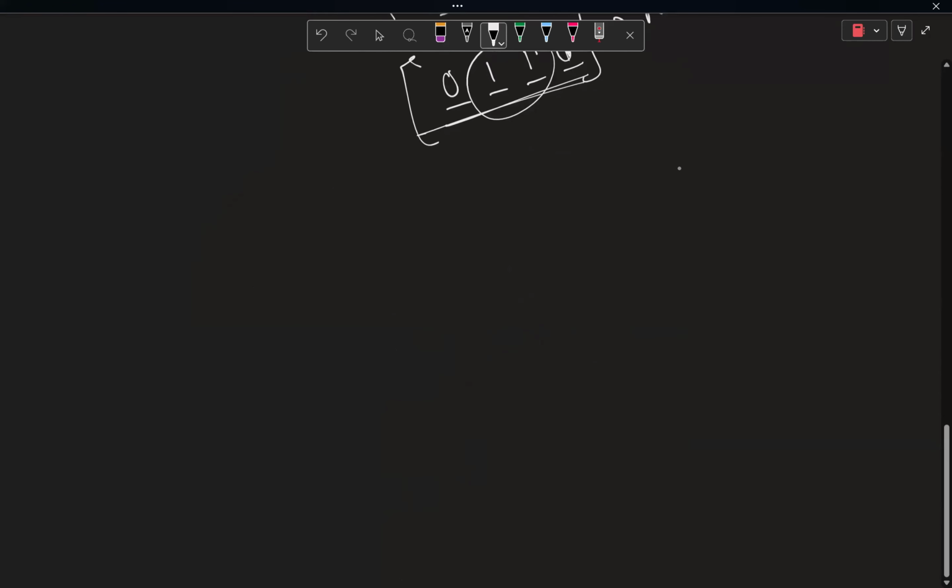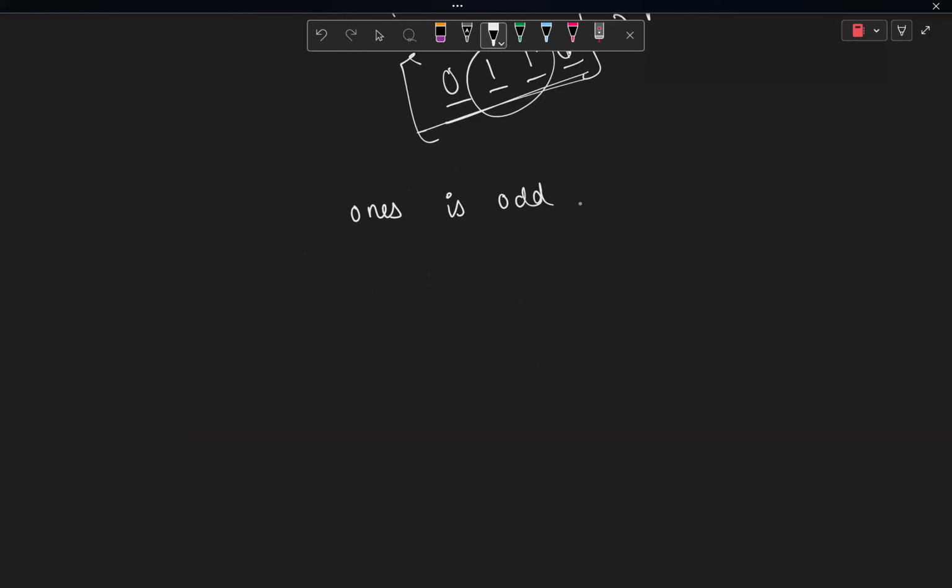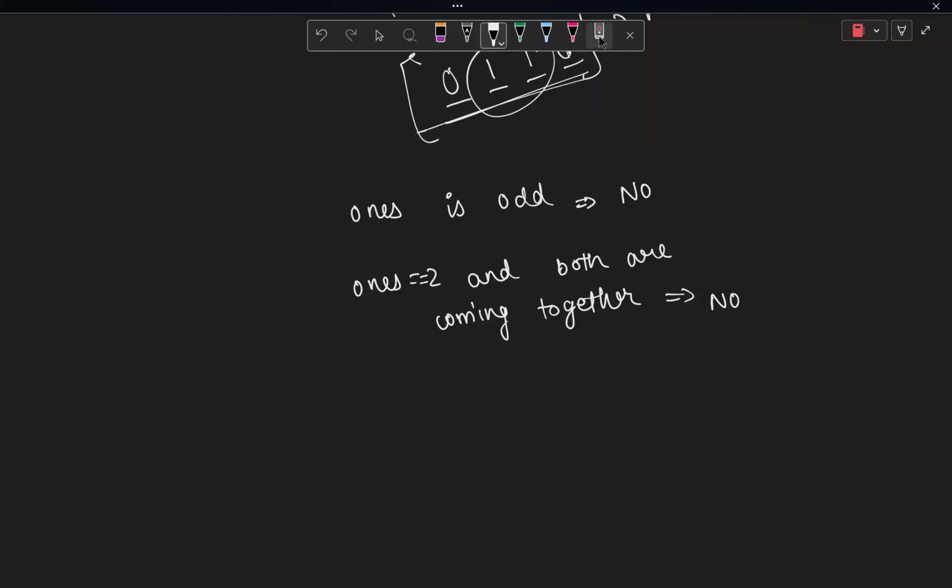So at the end, you could have come up to the conclusion that if the number of ones is odd, then the answer is no. And if in the string there are only two ones and both of them are coming together, then also the answer is no. This is what you could have come up with.